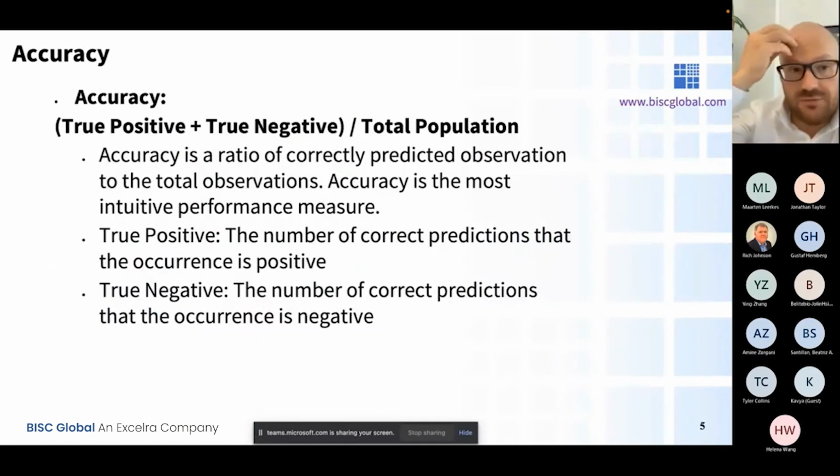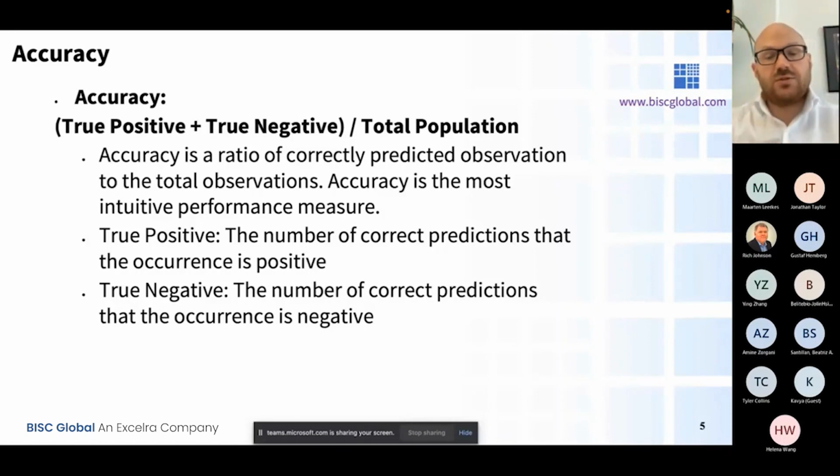Accuracy can be defined, if you are looking at the 2 by 2 matrix from the previous slide, as the ratio of true positives plus true negatives divided by the total population. This is a characteristic which will help you identify and compare one confusion matrix versus another.